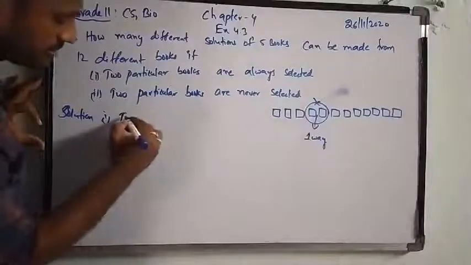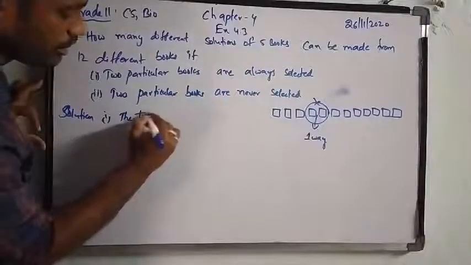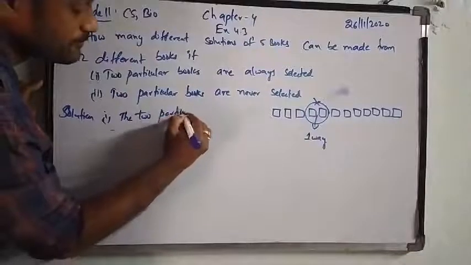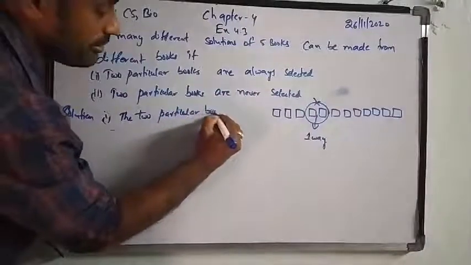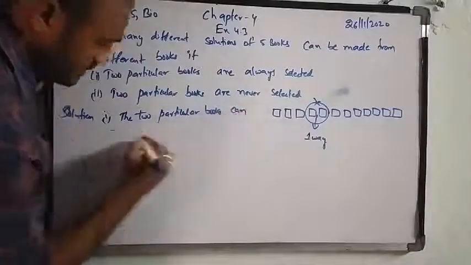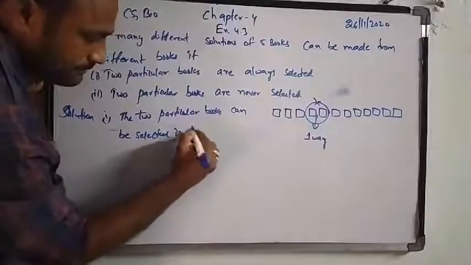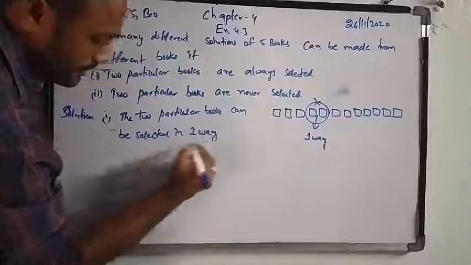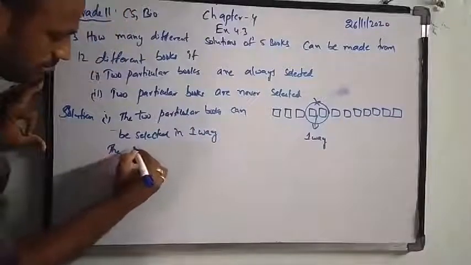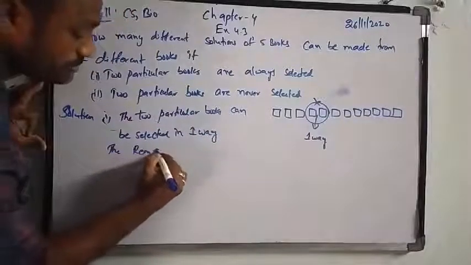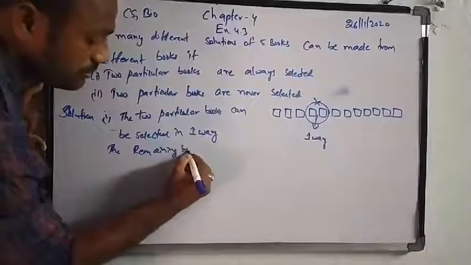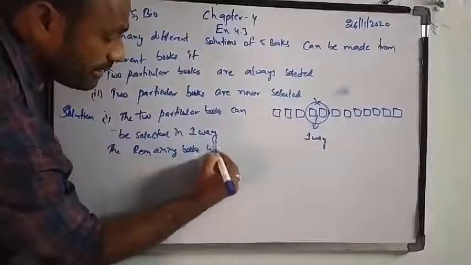So let us write in words. The 2 particular books can be selected in one way. The remaining books will be 10.